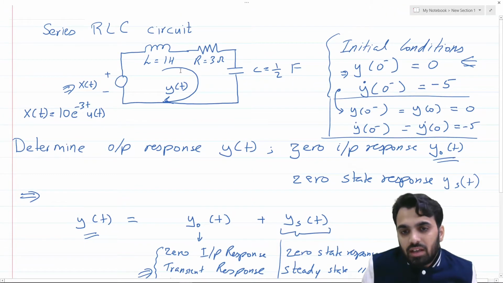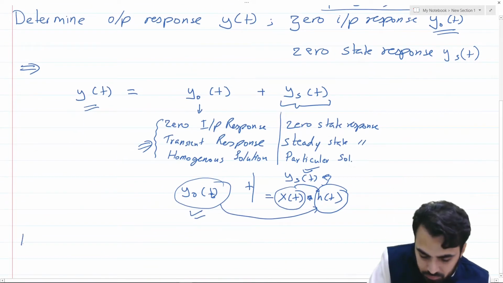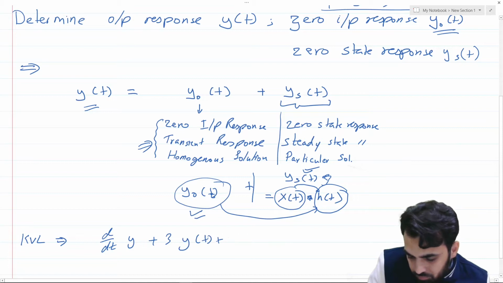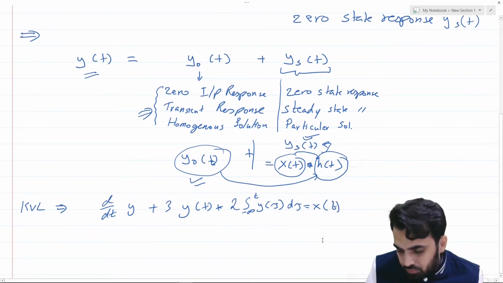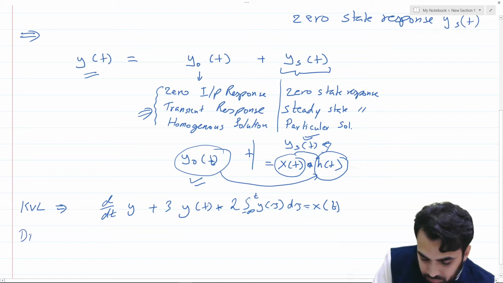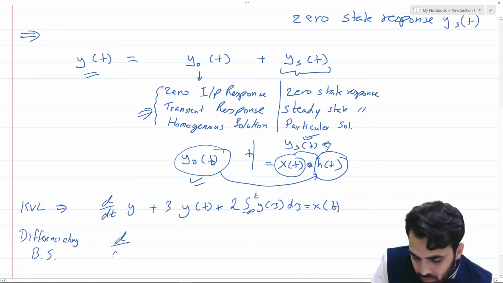Now using KVL and plugging in the values of L, R and C for this circuit, and now differentiating both sides, we have a second order differential equation.